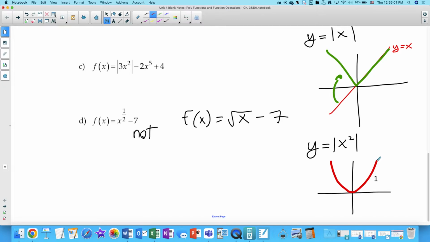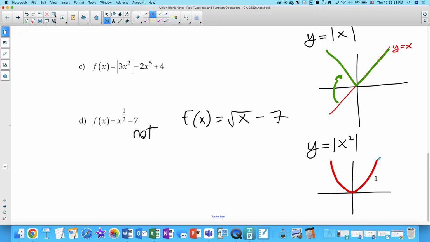Can you write an example of the same thing? Okay, a couple things you need to look for. Number one, if you're looking at anything with an odd degree, that will not be the same. Just like here, the absolute value of x is not the same as x.